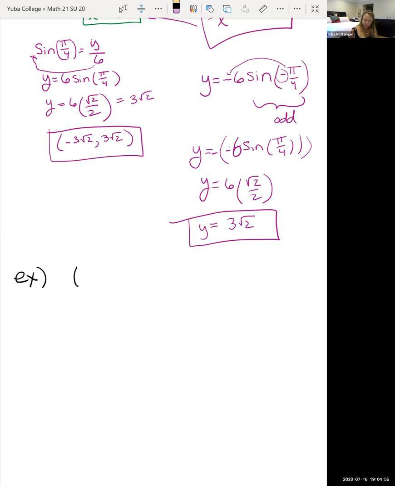How about 5, 5√3? So the rectangular coordinates of the point are given. Find the polar coordinate for each point.